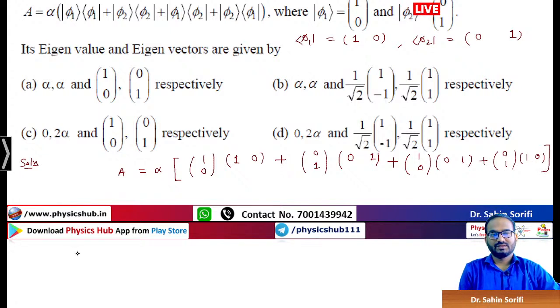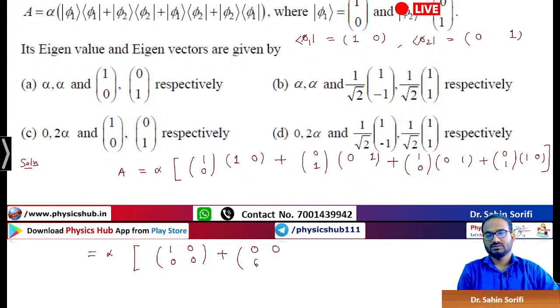So this is equal to alpha times, let's say, 1 and all the other elements are 0. From the second one, what are you getting? 0 0 0 1. From the third, you are getting 0 1 0 0.